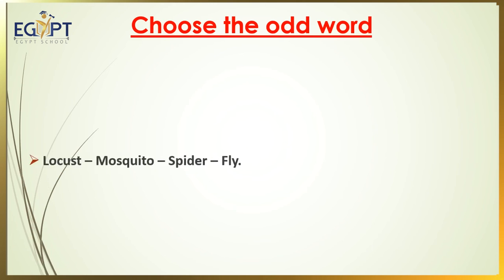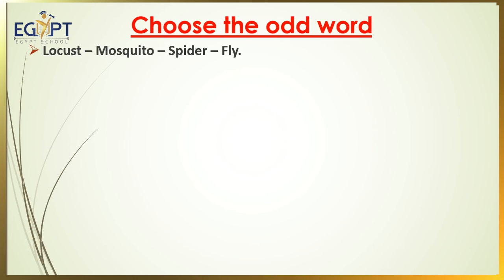Another type of questions: choose the odd word. Number 1: locust, mosquito, spider, fly. The different word here is spider, because locust, mosquito, and fly are insects, while spider is an arachnid.